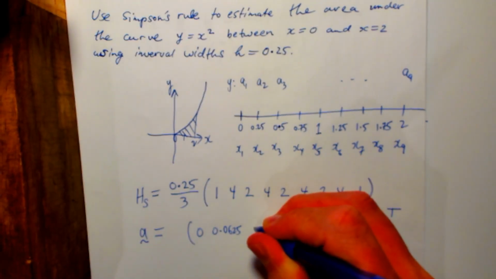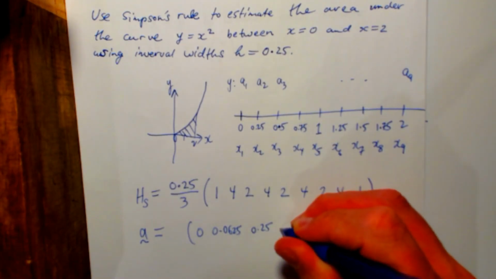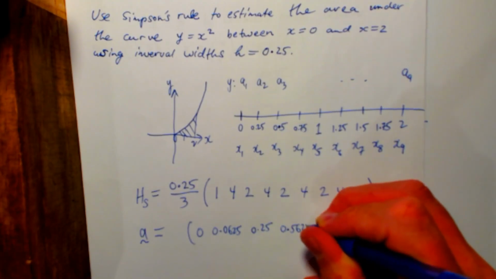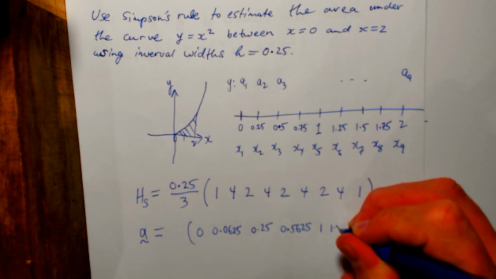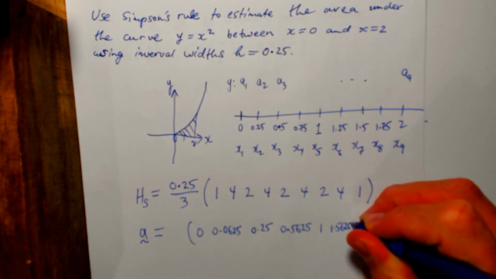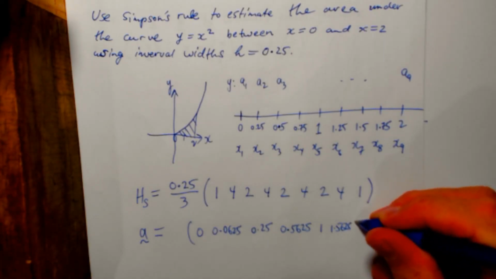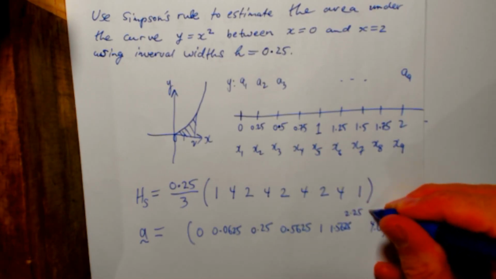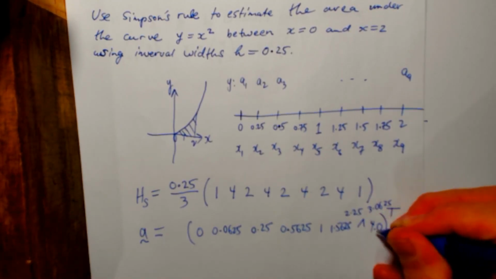Okay, and next we have 1/2 squared is 0.25, then 0.5625, then 1, then 1.5625. I've run out of space here, so I'll have to put them up here. 2.25 and 3.0625, and then 4.